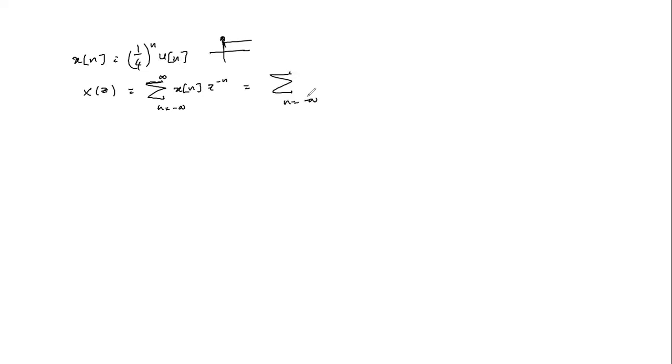If we plug in that here, we have the sum of (1/4)^n u of n z^(-n). Now that we have multiplied by the unit step function, the limits will be altered, because negative infinity to 0 is cancelled out. So the limits will now be from n equal to 0 to positive infinity.